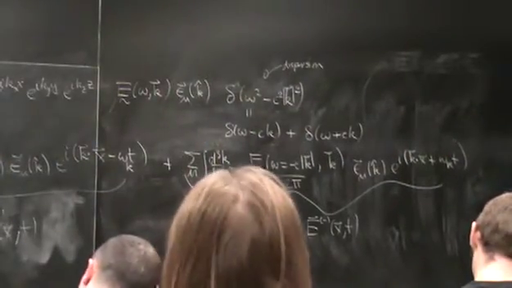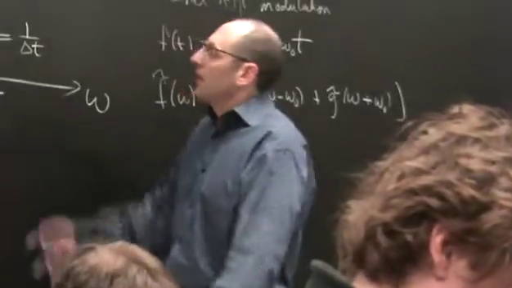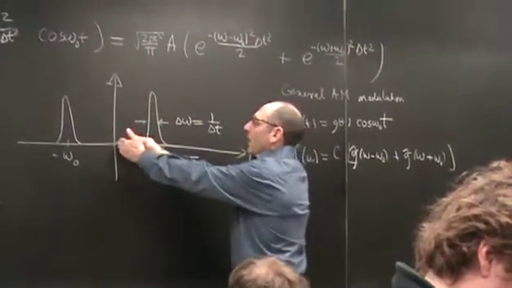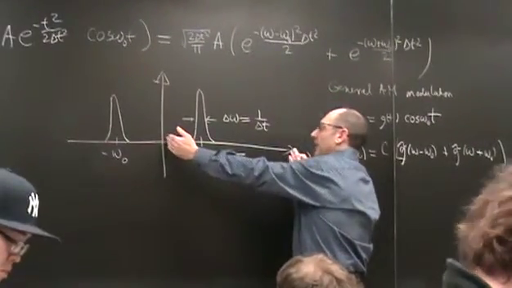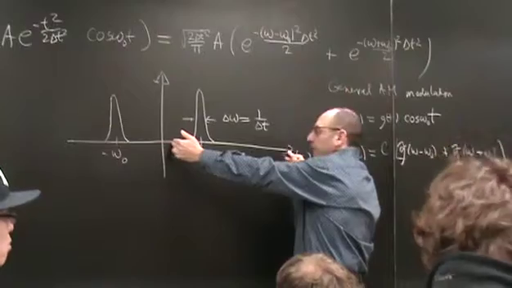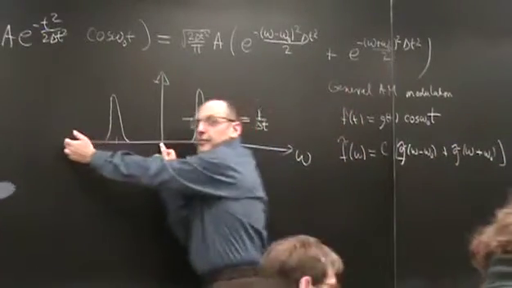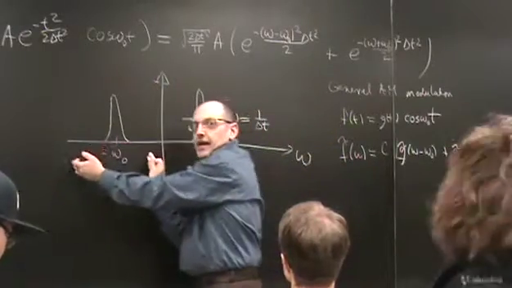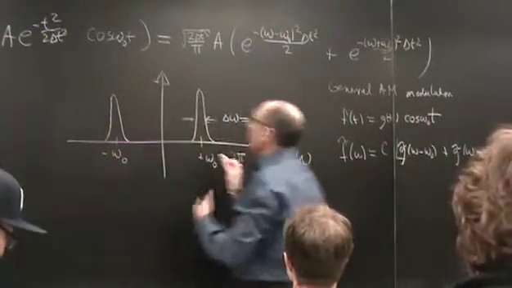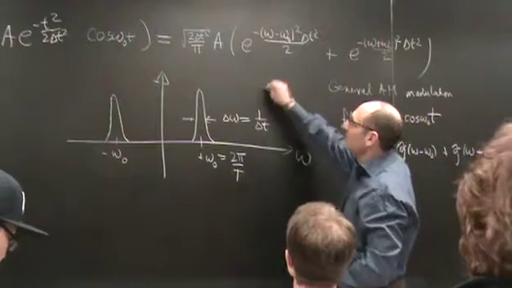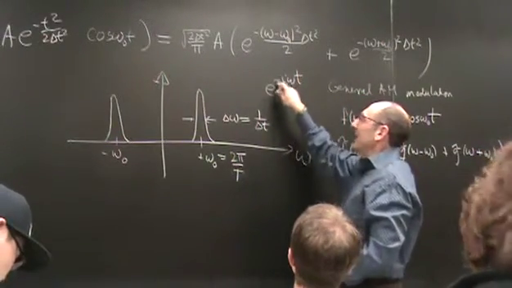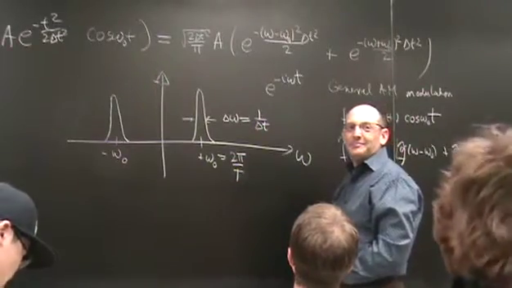Let's go back to this board. We see that any signal is composed of frequencies on the positive omega axis and the negative omega axis. So these are the positive frequency components and the negative frequency components. The positive frequency components, by our convention, because we love to confuse things, go like e to the minus i omega t.